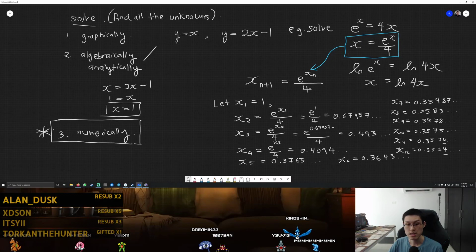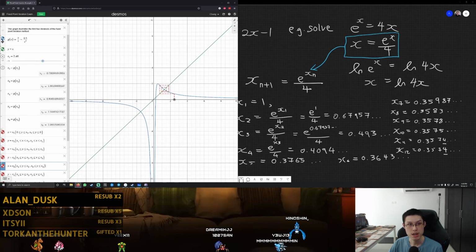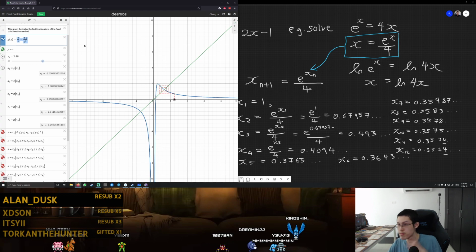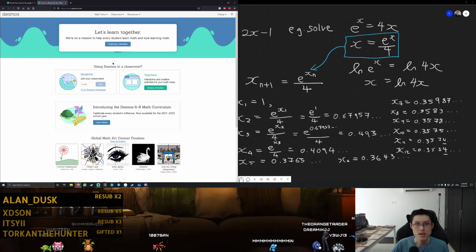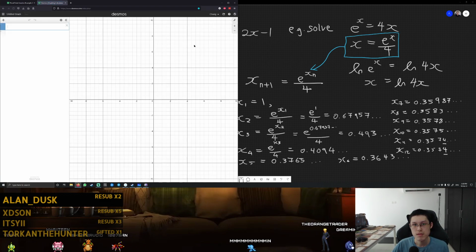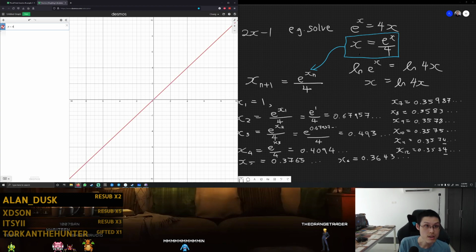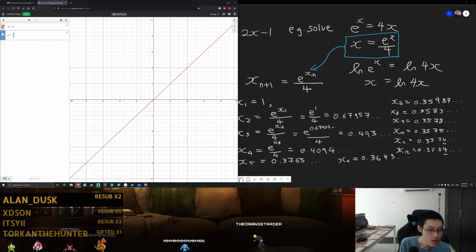But is that actually the answer? Well, let's find out. So one equation was y equals to x. The other equation was y equals to e to the power of x over 4.